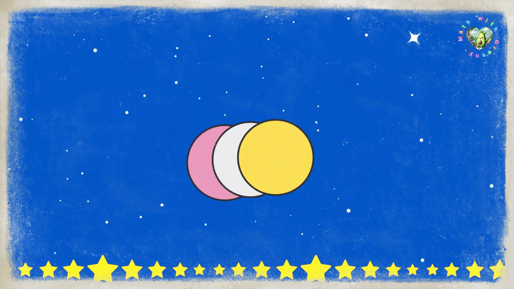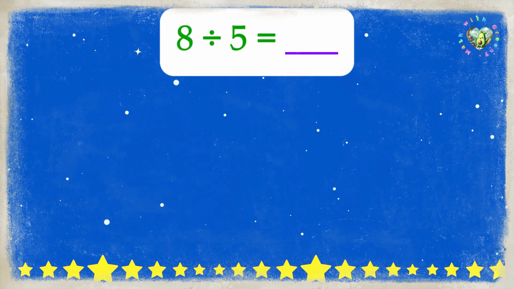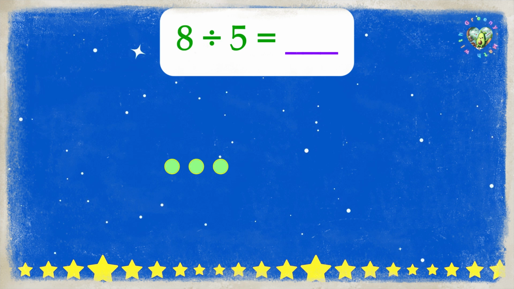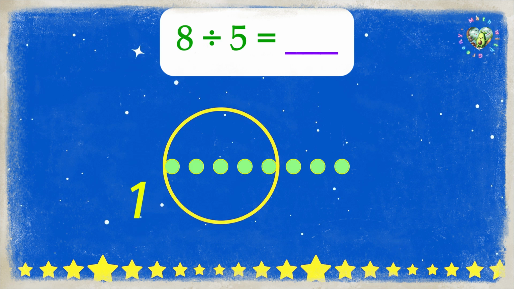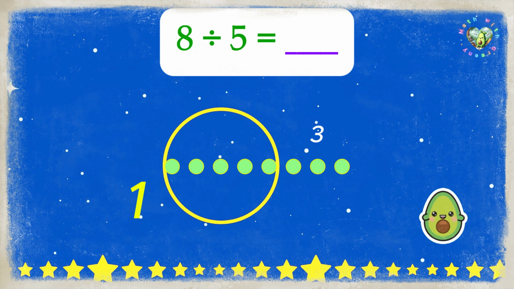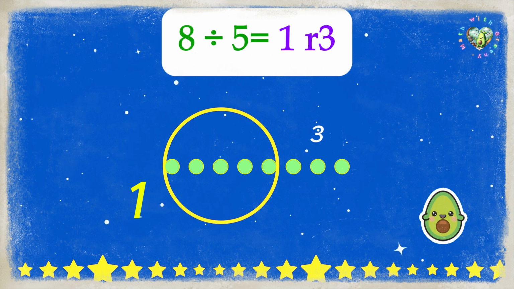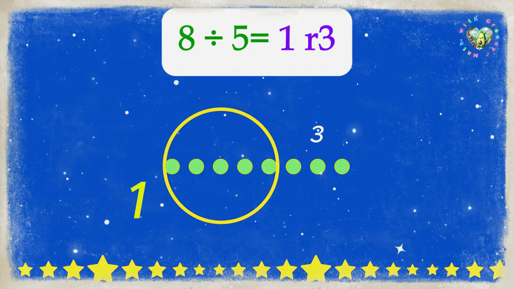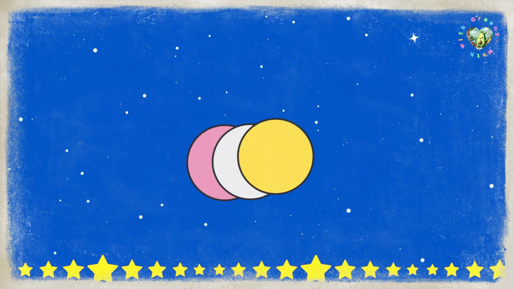Great! Next, 8 divided by 5. 8 divided by 5 equals 1 remainder 3. Nice work!